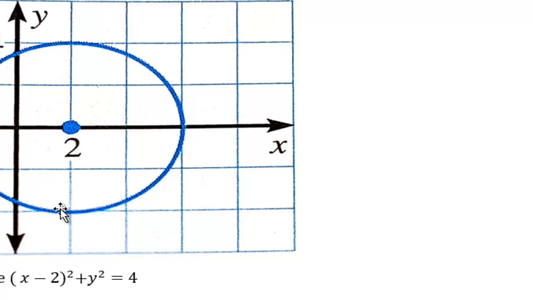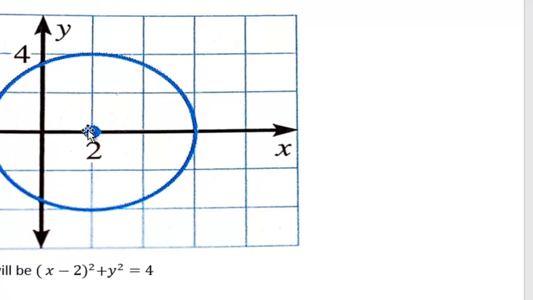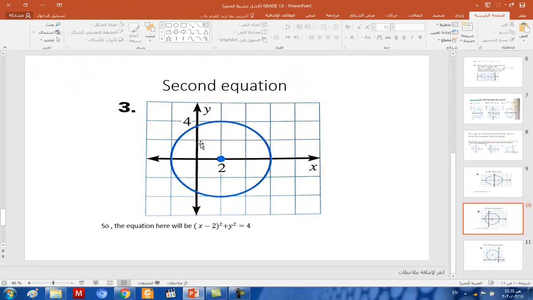So (x − 2)² plus, we don't have any number for y because the center is 2 and 0, so y², and the radius equals 2 units, so 2² = 4. So the equation finally equals (x − 2)² + y² = 4.